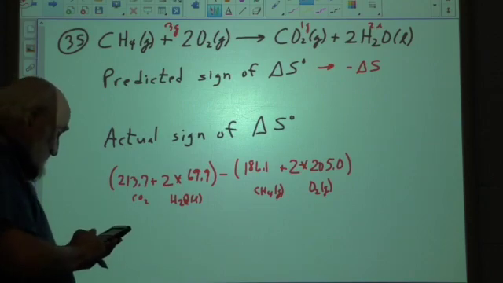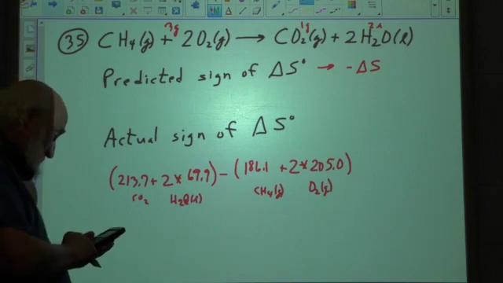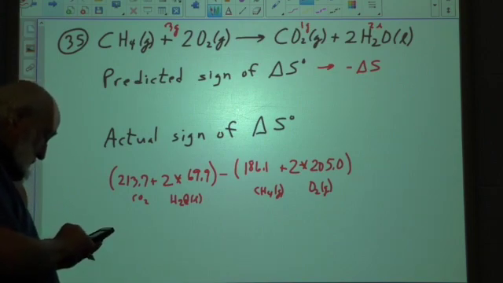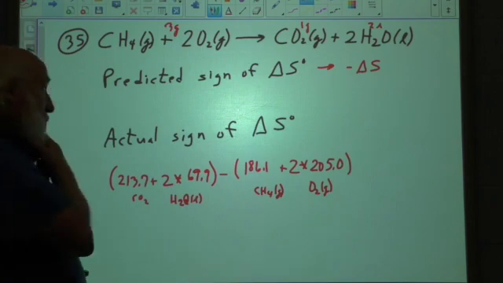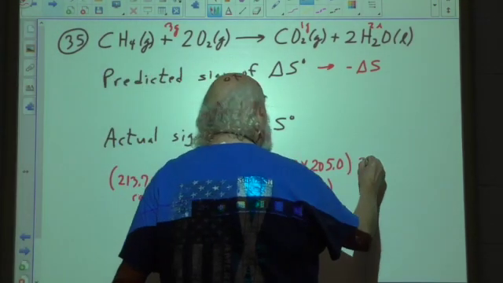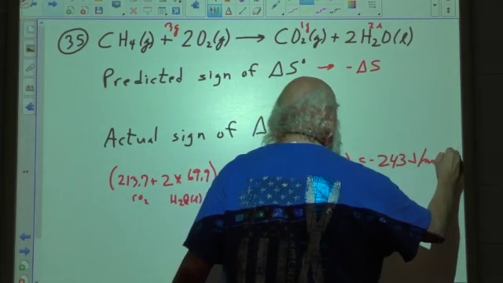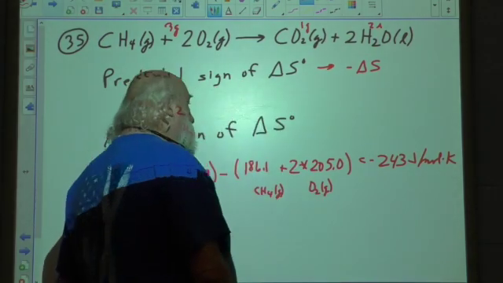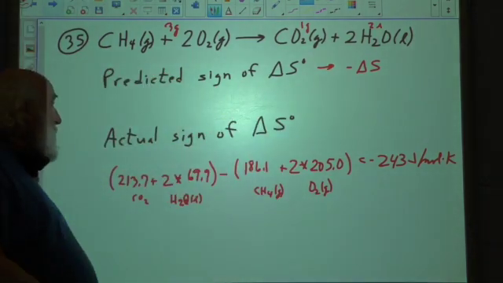Close parenthesis, and oh my God, I must have punched in something else. Let me see what we did. Oh, we got 2 plus signs, so that's kind of dumb. Try that again. Negative 243 joules per mole Kelvin. And sure enough, it's negative like we anticipated. So that's how that's done.